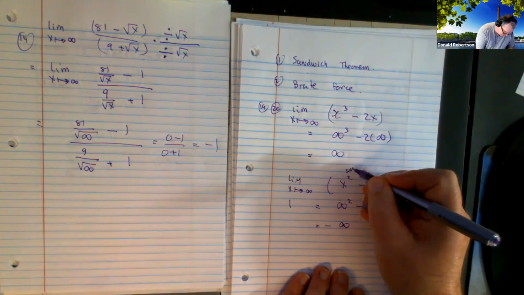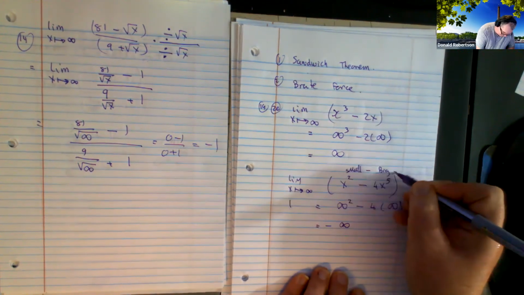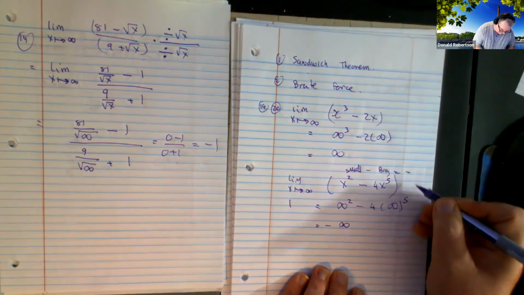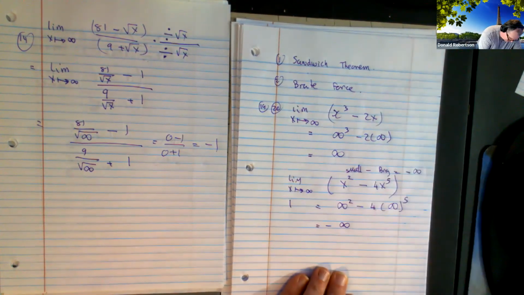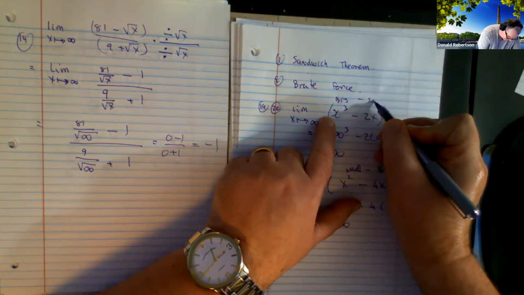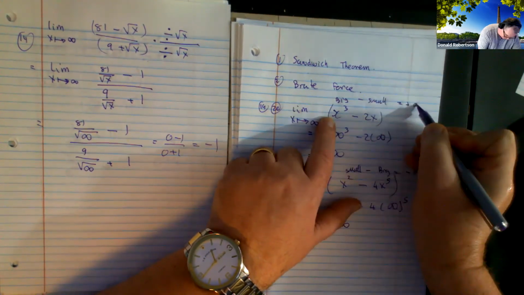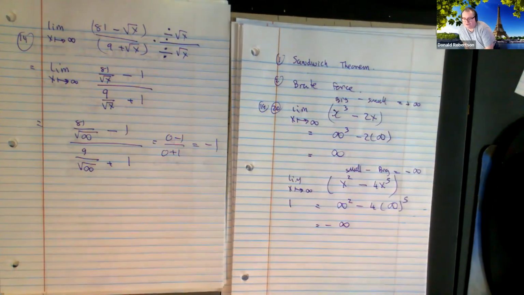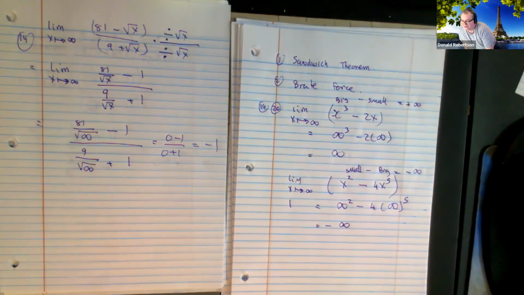Small, take away big, means the answer is negative. Negative what? Negative infinity. Big infinity, take away small infinity. What does that mean? It means the answer is plus. Plus what? Plus infinity. You see, in those questions, you only get 2 choices, plus infinity or negative infinity. And isn't it just based on whichever one of the two is the biggest?